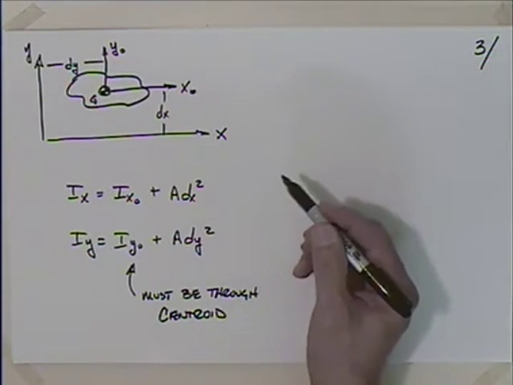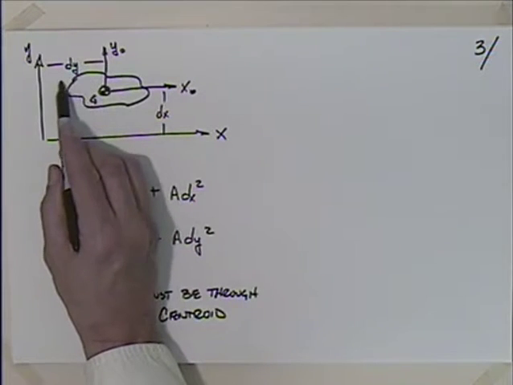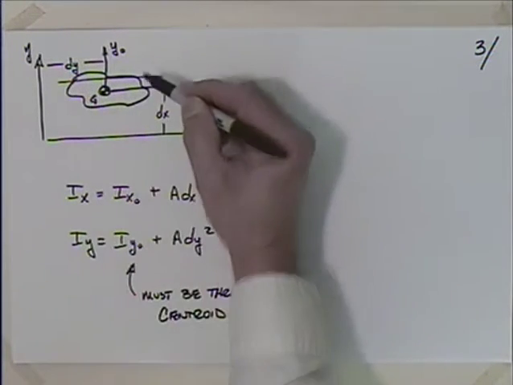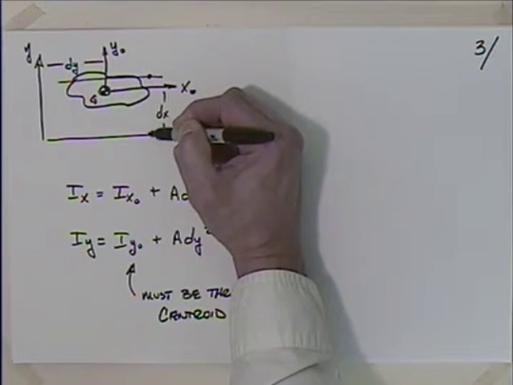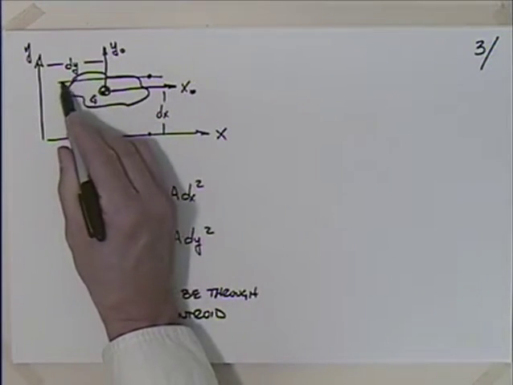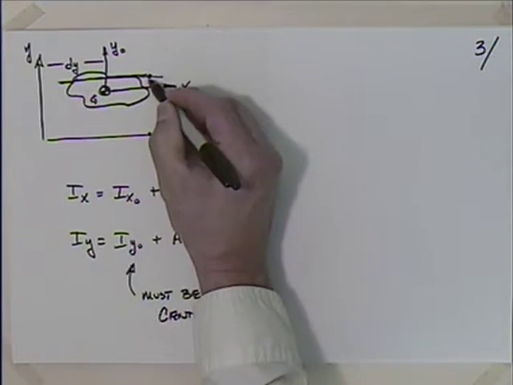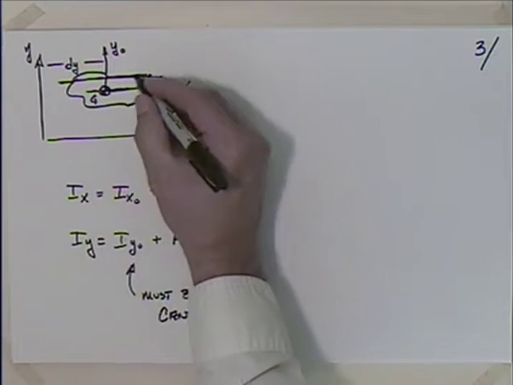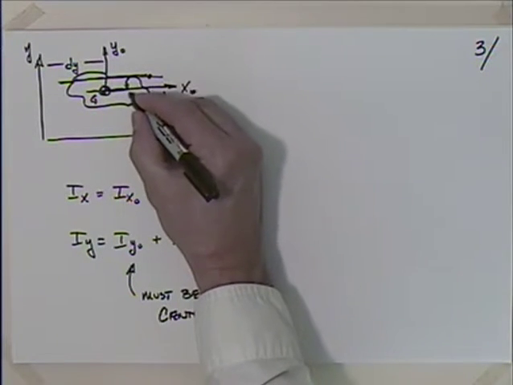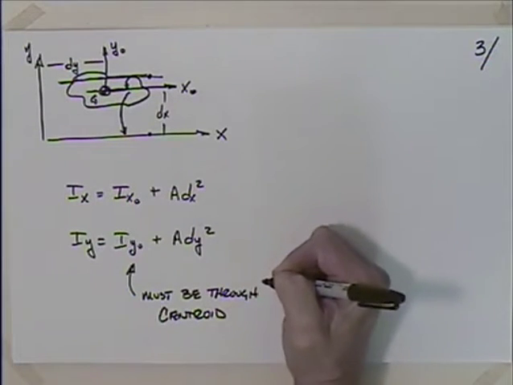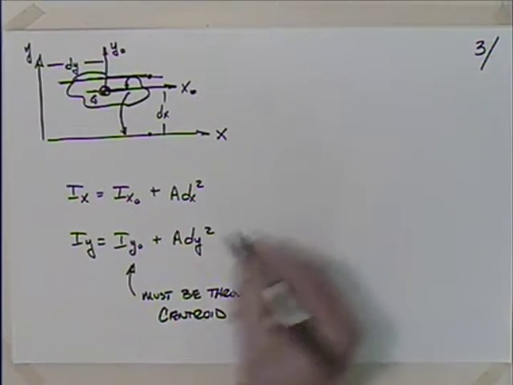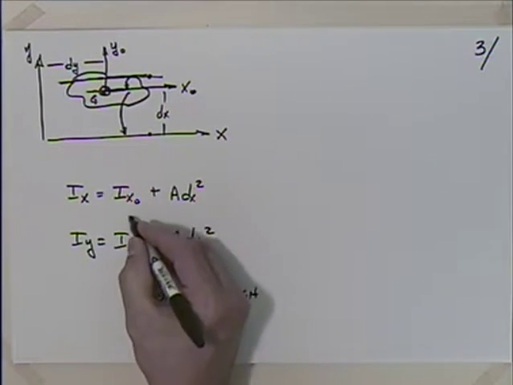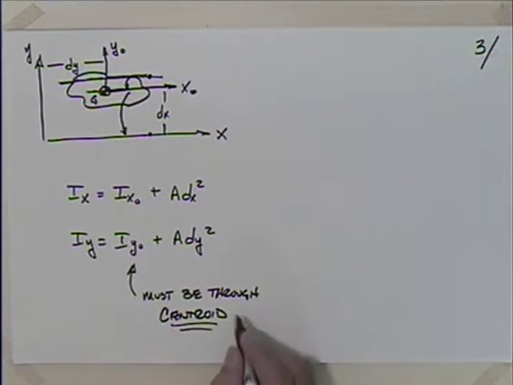So let's say we had some axes up here. Could I convert from this axis directly down to here? No, I couldn't. I'd have to convert from this axis to the centroid axis, and then from there to there. So it's very important that these are through the centroid when you use the parallel axes theorem.